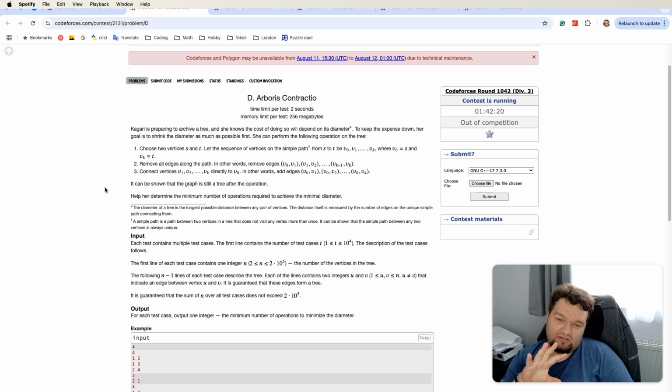And let's look at all the leaves that are not directly connected to that vertex V. I want to state that no operation can reduce that set by more than one vertex, so make two different leaves directly connected to V.